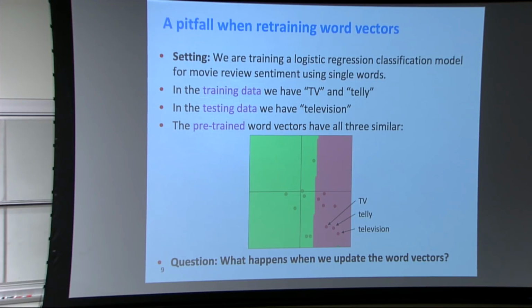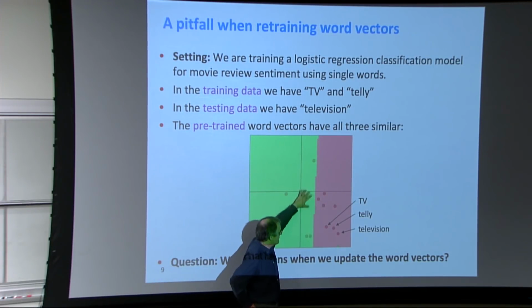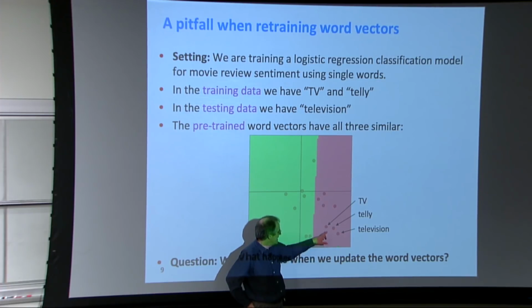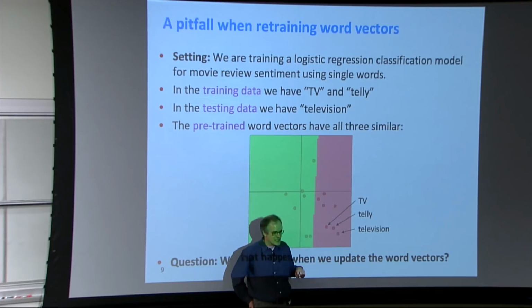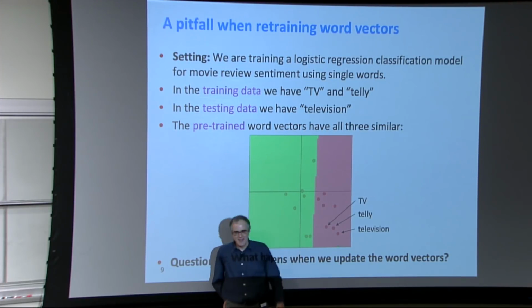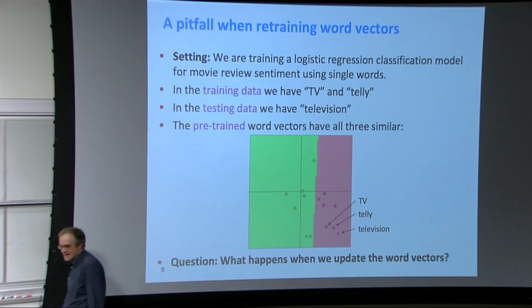Well, suppose that we're training a classifier. It could be the one I just did, or a softmax or logistic regression, and we want to classify movie review sentiment as positive or negative. If we have trained our word vectors, we've got some word vector space, and maybe in that space TV, telly, and television are all very close together because they mean basically the same thing.